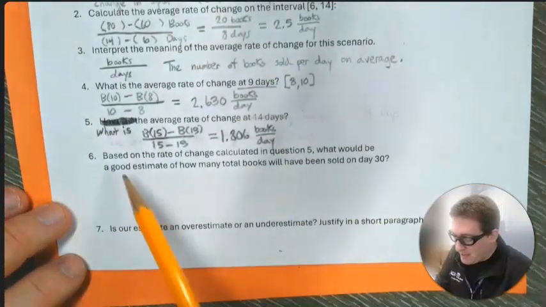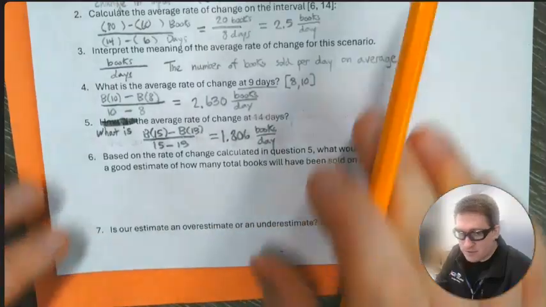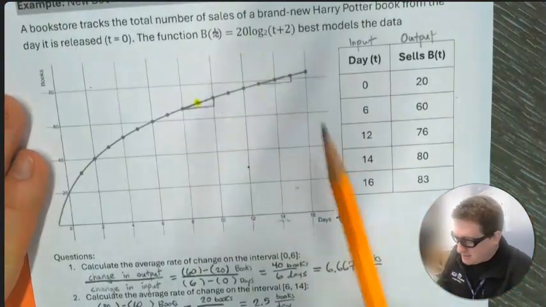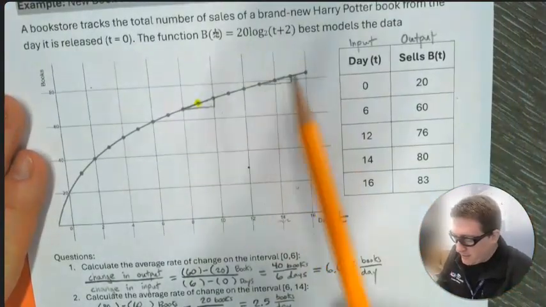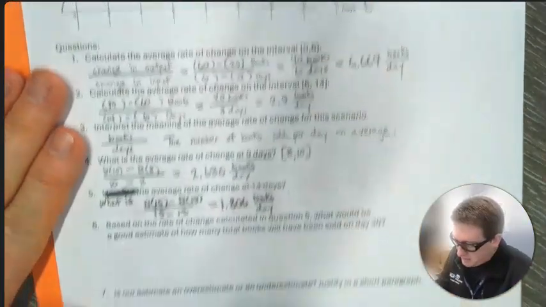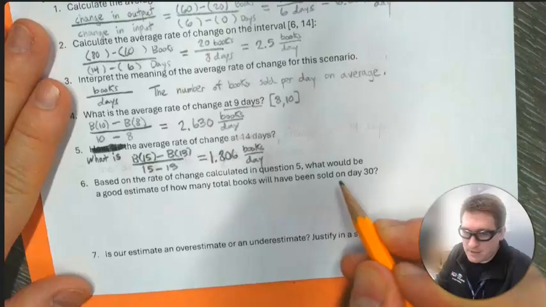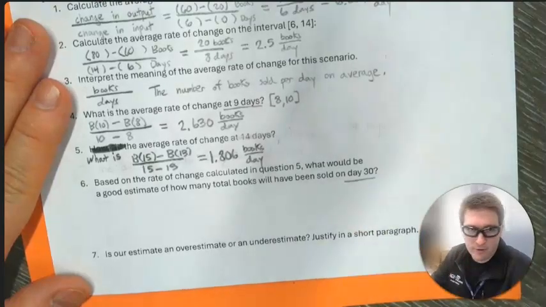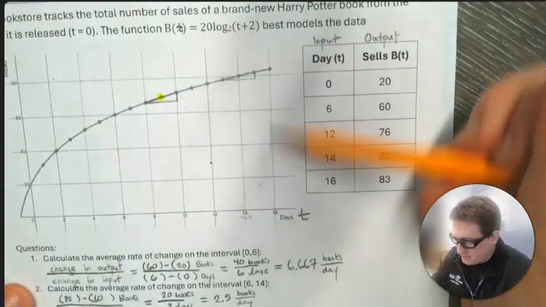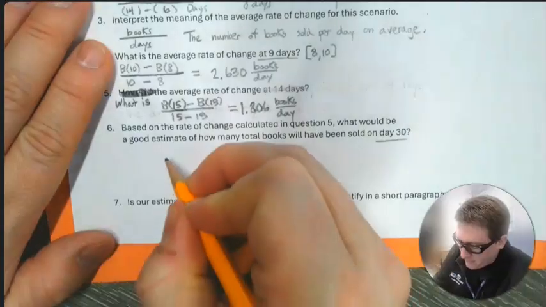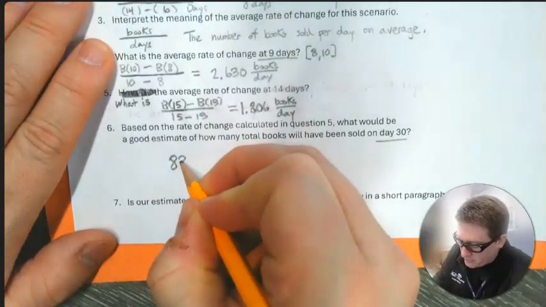So based on the rate of change calculated in question 5, since this is the trend toward the end of the line, right, it's going to ask me to predict the future. It's going to ask me to predict how many books will have been sold by day 30. Well, looking at the 16th day, I'm selling 83 books, right? So I know I'm going to have at least 83 books sold.